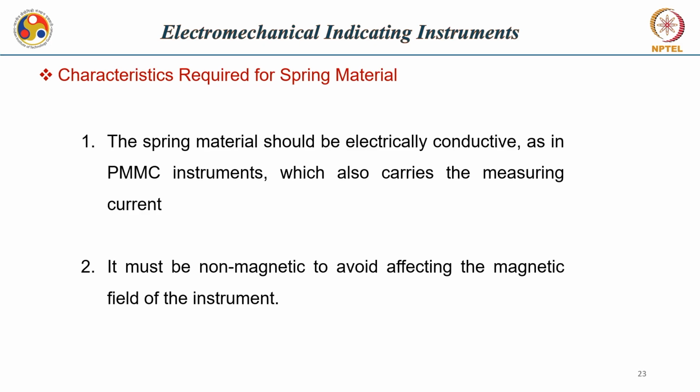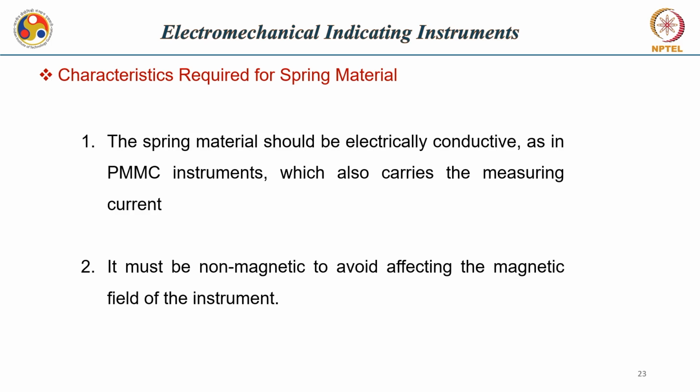There are certain characteristics required for the spring material. Some of them: the spring material should be electrically conductive, as in PMMC instruments, where it also carries the measuring current that we have just seen. The material of the spring should be non-magnetic in nature to avoid affecting the magnetic field of the instrument.